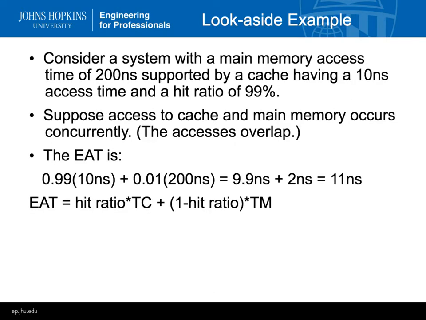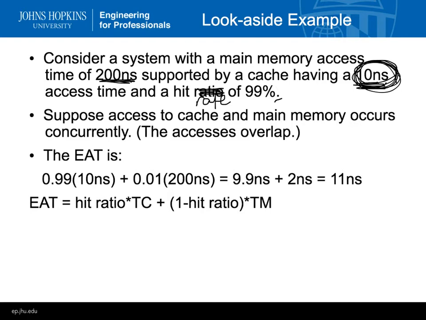So here's an example. Main memory access, so that's TM, is 200 nanoseconds. Cache access time, TC, is 10 nanoseconds. So that's why we want stuff we know we're going to access to be in here. It's considerably better. And we have a hit rate of 99%.